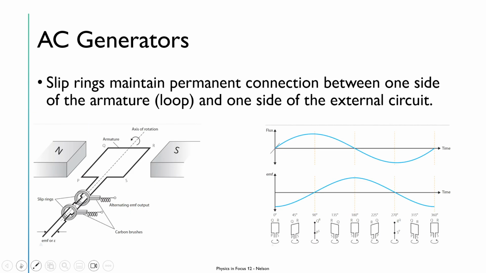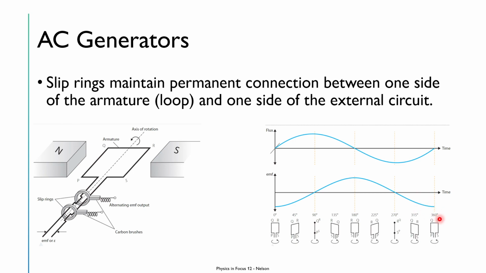For our AC generators, again, we have slip rings where each of the two slip rings is connected to one side of the loop. The slip ring ensures that the armature, or the particular side of the armature, is permanently connected to that slip ring. What that's going to mean is as you go through a full 360 degree rotation, you're going to experience areas where there is maximum EMF in one direction, maximum EMF in the opposite direction once you get to that half turn.